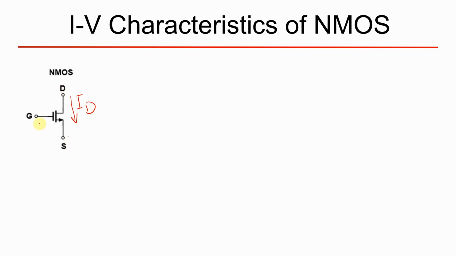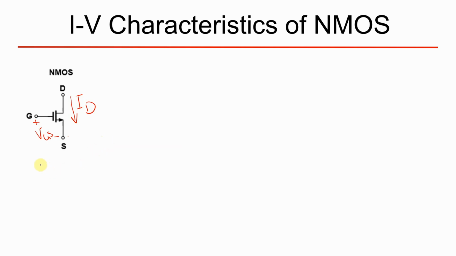We have to know what is the value for gate source voltage of this device. This is gate source voltage, because the condition on gate source voltage clarifies which region we work in.